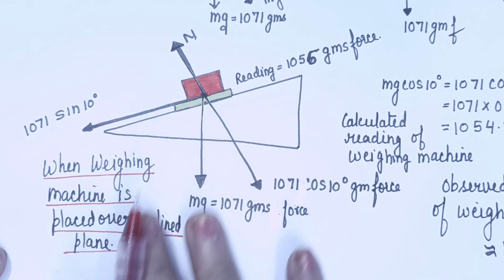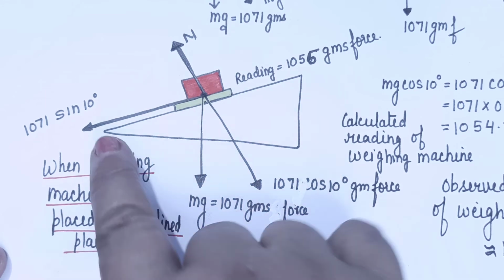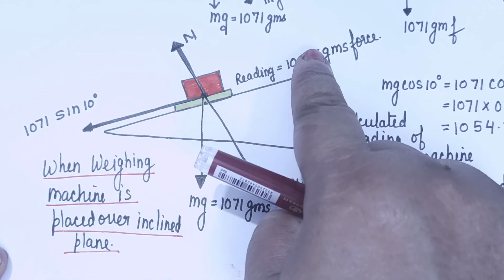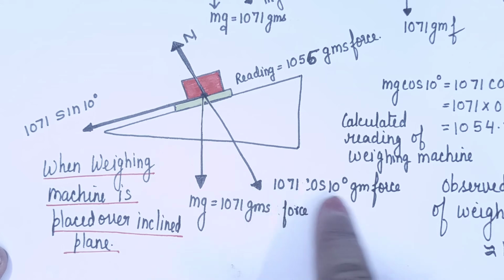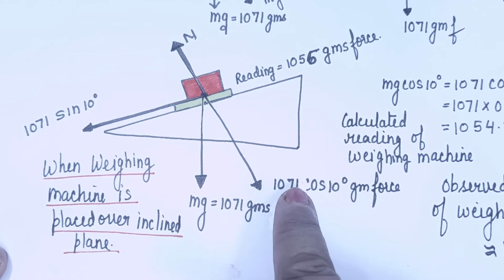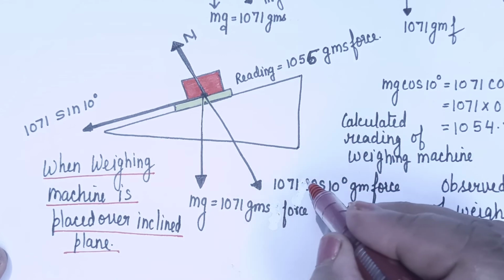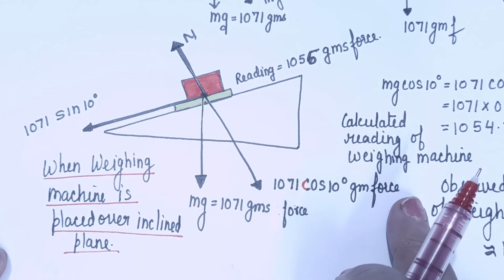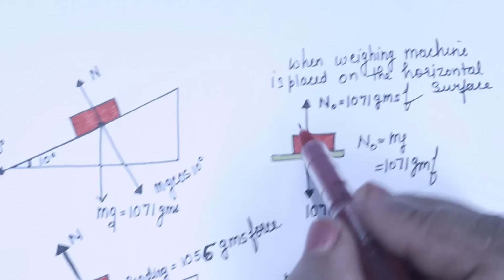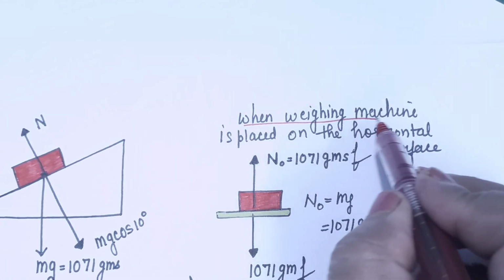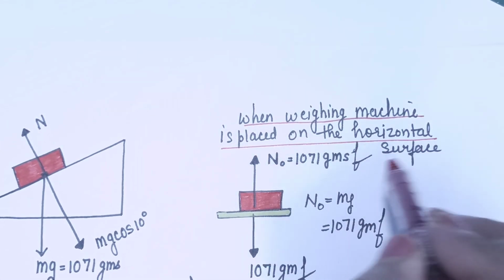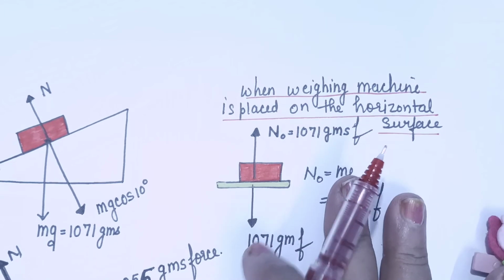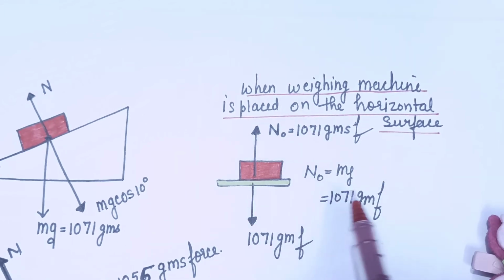When the weighing machine is placed over the inclined plane, these are the forces, and we expect that the weighing machine should read 1071 cos 10 degree gram force, right? And when it is placed on the horizontal surface, we expect that it reads the gravitational force as a whole, 1071 gram force.